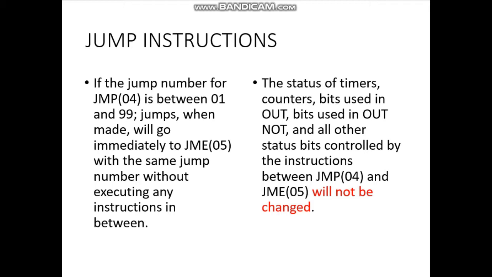So it's the name of that instruction. JMP is JMP 04, so the number must be after that. JMP 04 is the instruction, then you put the number after that. We will see how it works in CX Programmer after this.